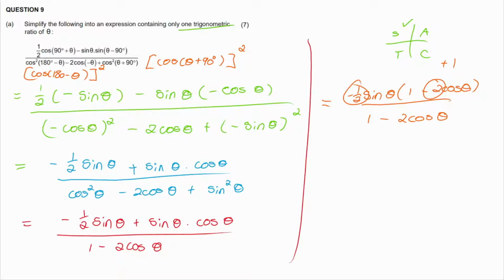So what I'm left with now is these two brackets, and these two brackets can cancel, this one and this one. So now I get -1/2 sine theta. And very important, 1 trig ratio. There we go. That's how you would do that one.